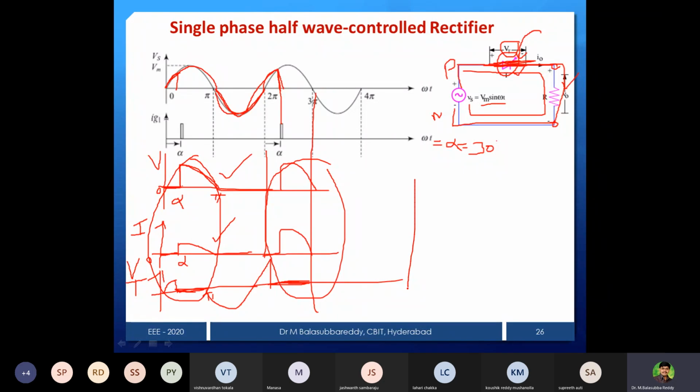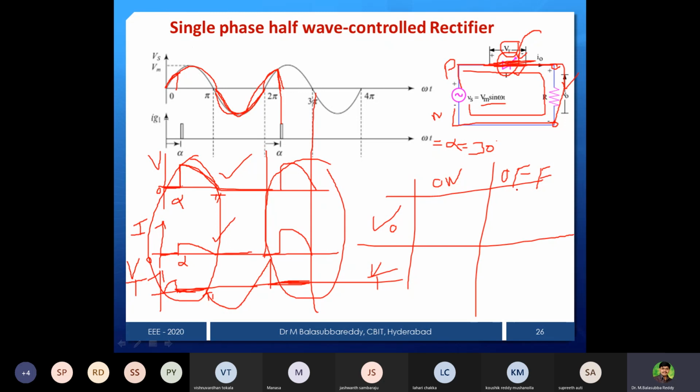Or one way you can remember, a very small logic. Consider the switch on and the switch off conditions. I want to know the output voltage and the voltage across the device. This is the simple table. If you remember, this table is required throughout the unit.